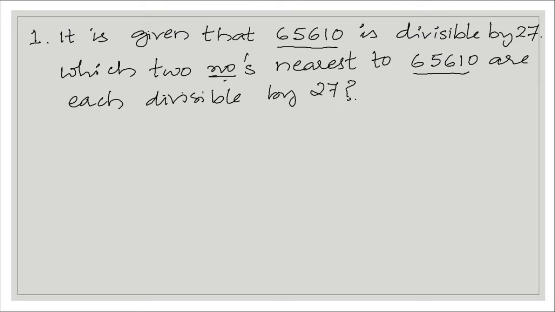First, let me check whether the given number is divisible by 27. I will actually divide 65610 by 27. Let me see what quotient I get. 2 times is 54. Subtract.